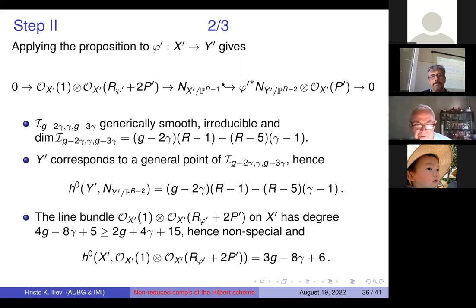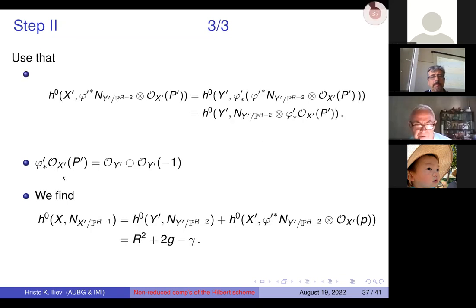And then we can compute the global sections of this line bundle by Riemann-Roch. And then we also need to compute the space of global sections of this line bundle. For its computation, we need to use that the push forward of the structure sheaf of X prime twisted by p prime through phi prime splits in this way.